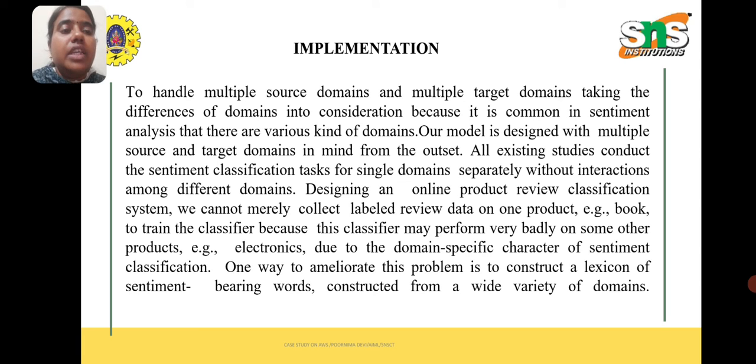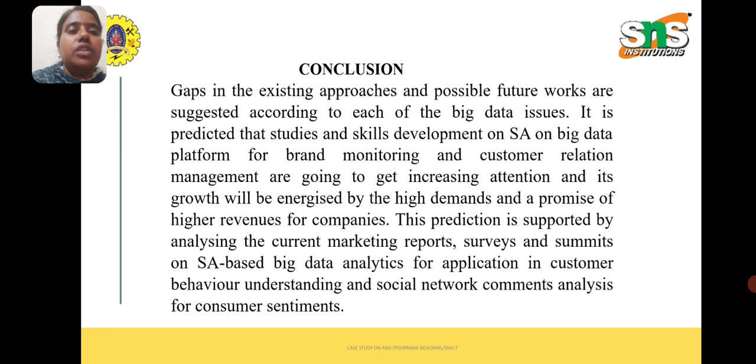So in designing an online product review classification system, we cannot merely collect labeled review data on one product, for example books, to train the classifier, because this classifier may perform very badly on other products, for example electronics. Due to the domain specific character of sentiment classification, one way to ameliorate this problem is to construct a lexicon of sentiment bearing words from a wide variety of domains.